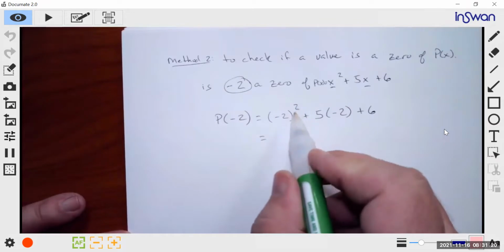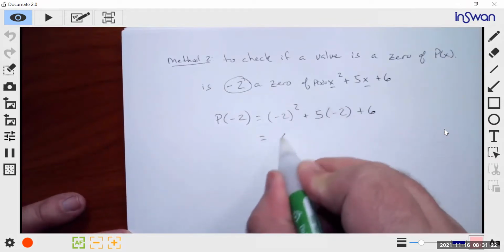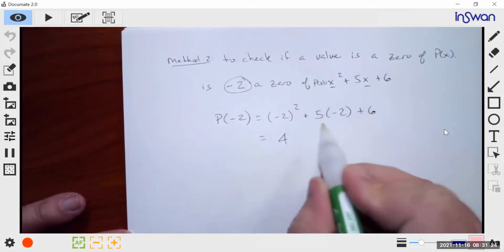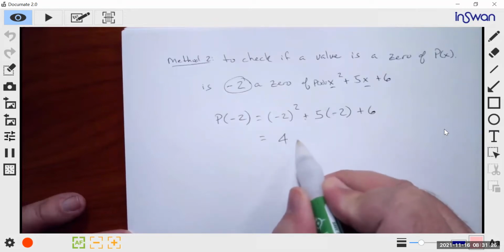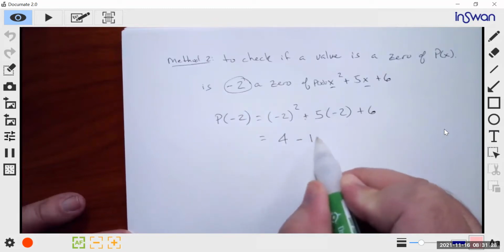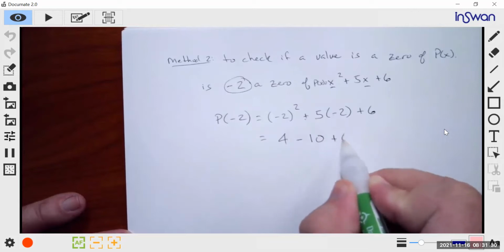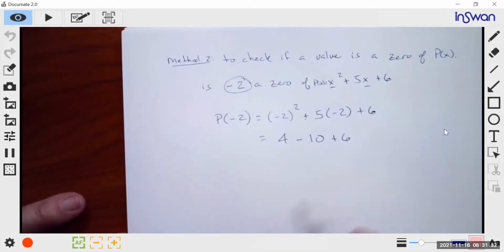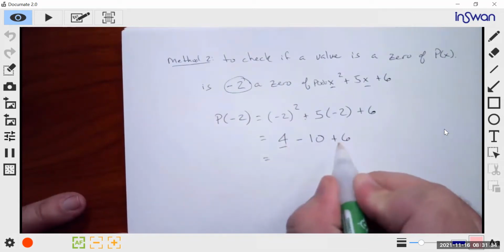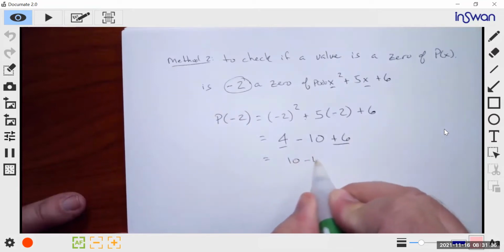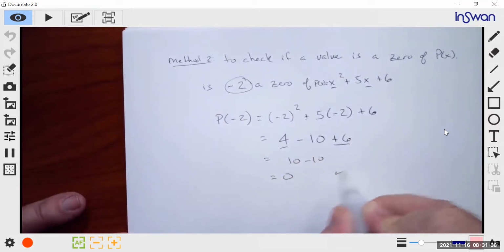Negative 2 squared, negative 2 times negative 2 is positive 4. Negative times positive is negative. 5 times 2 is 10. Plus 6. 4 plus 6 is 10. Minus 10 equals 0.